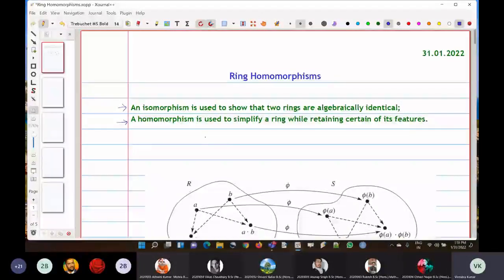So being identical is different, and being homomorphic is another thing. With isomorphism, they may look different, but algebraically their elements and properties are the same. Of course we may write them in a different way, but they have the same properties. But in case of homomorphism, we talk about preserving some certain kind of operation.